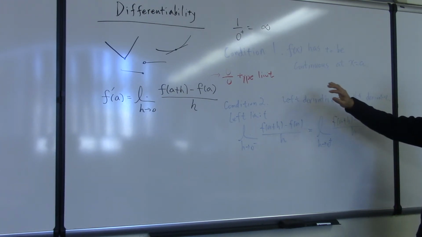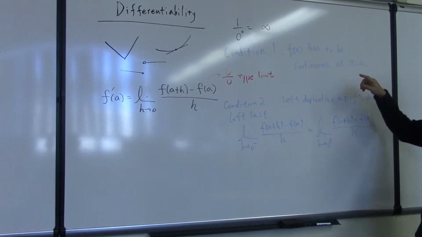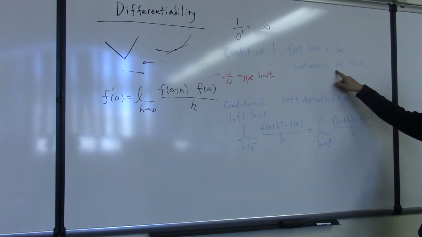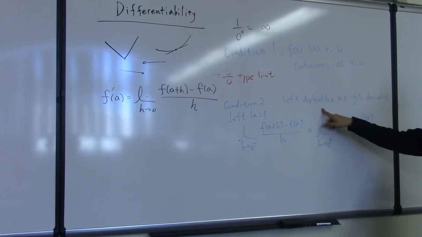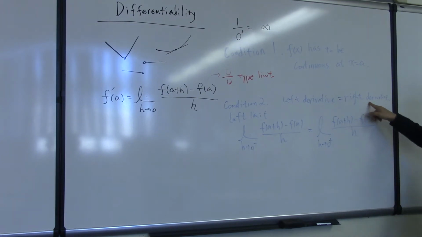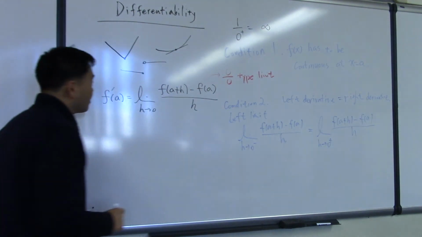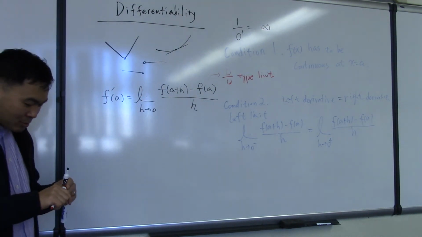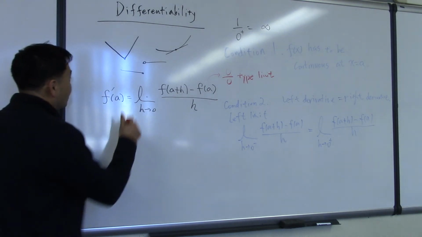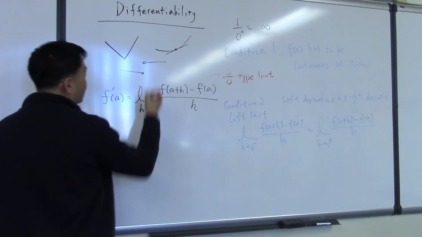If the derivative exists, it must satisfy two things. It should be continuous, and the left derivative should equal the right derivative. So therefore, there are three possible cases when you pick a point on a curve.